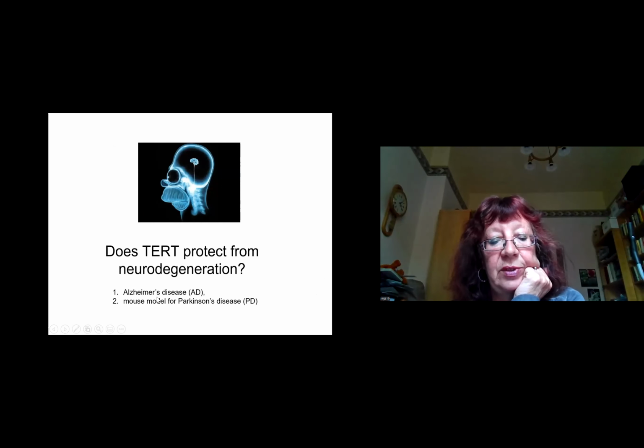First I show you the study we have done in Alzheimer's disease brains, and then in the second part, what we did as a mouse model for Parkinson's disease.